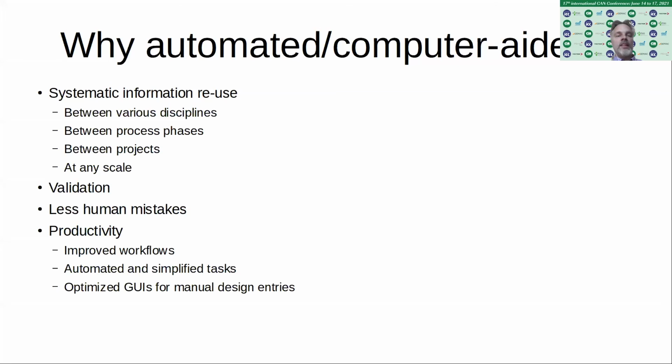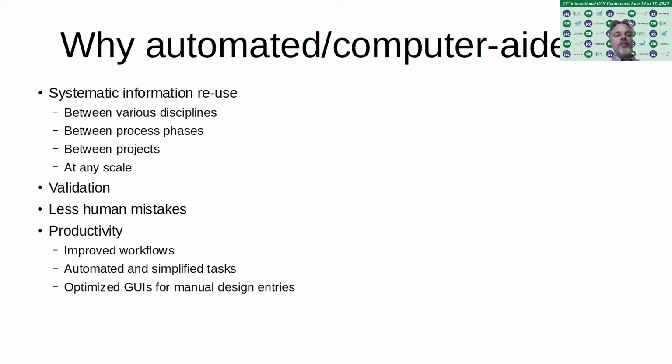And of course, validation is important, so that we should be somehow able to validate that certain design phases have been completed, and error checks and so on shall be done. And what is also important is to reduce human mistakes. That's why design automation or computer aids for design are quite welcome.